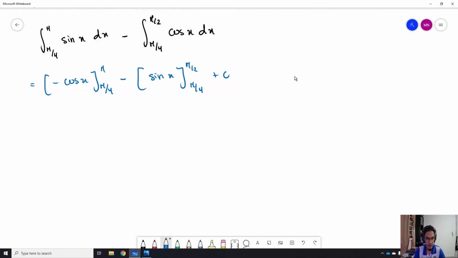Alright, so we substitute pi and pi over 4 into the equation. So now we know that pi is equal to 180 degree.